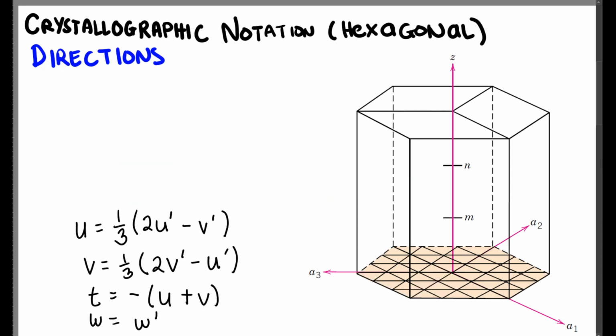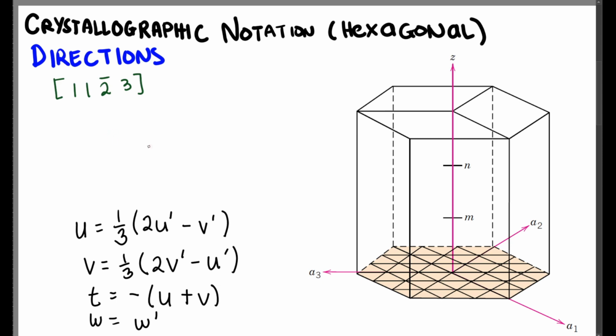Now let's say we want to do the opposite and we want to project a direction, but we are only given the coordinates or the index in the 4-axis system. So let's just use our previously known direction just for simplicity. Let's use 1, 1, 2 bar, 3.